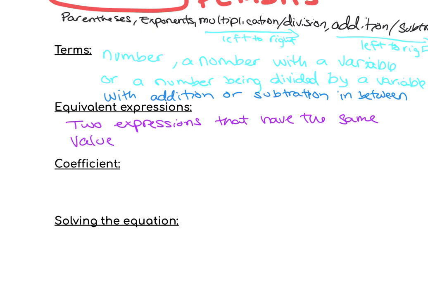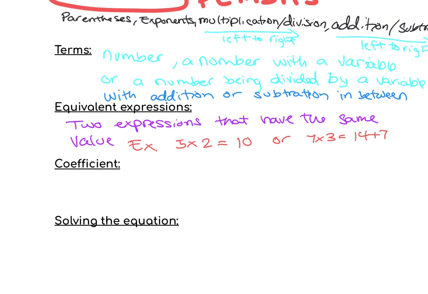For example, 5 times 2 is equal to 10. Or 7 times 3 is equal to 14 plus 7. Okay.